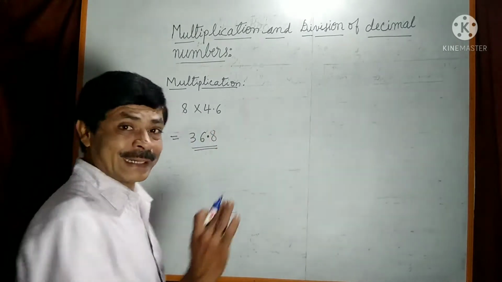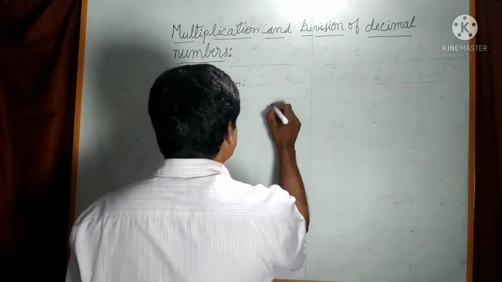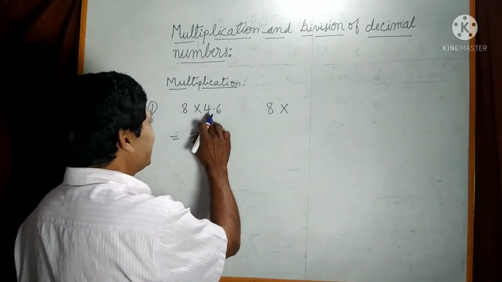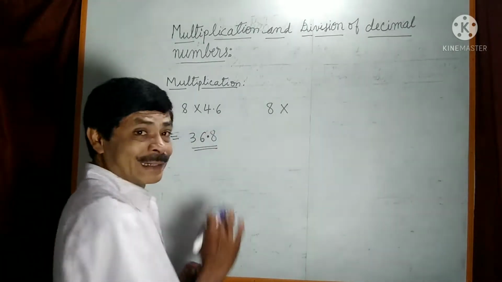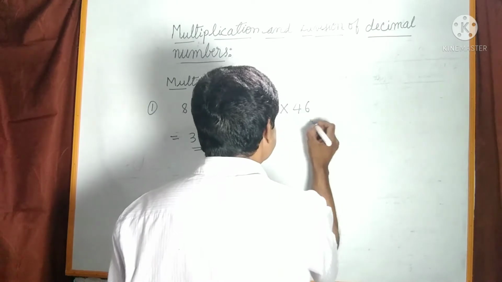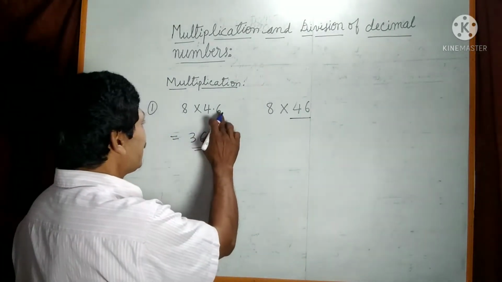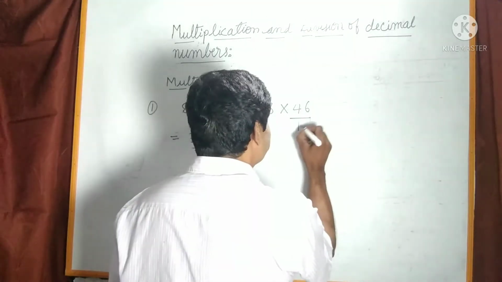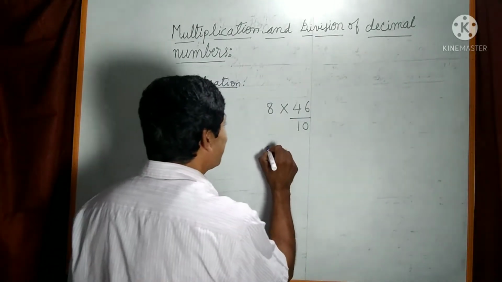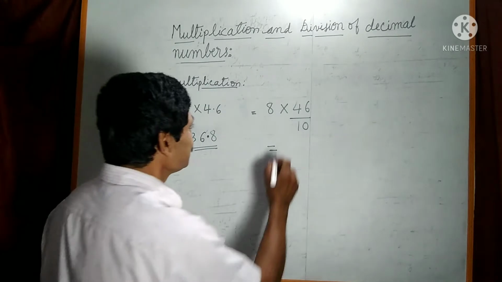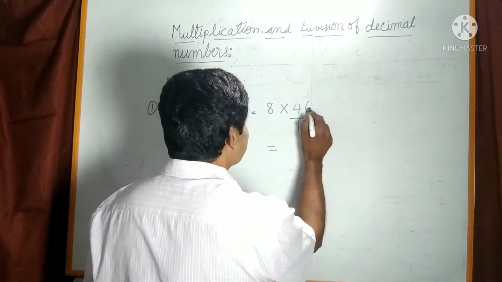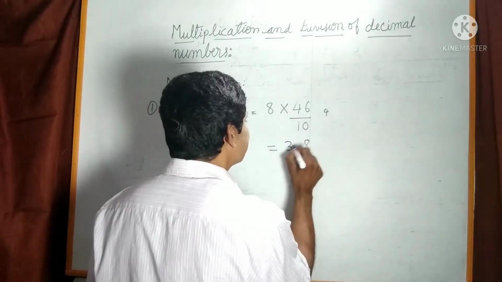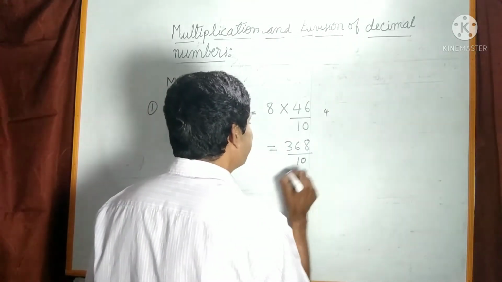First we have to convert these into fractions. 8 into 46, after removing the decimal point, divided by 10, because one digit in the decimal part means we have to put 1 zero. This is equal to 8 into 46: 8 6s are 48, carry 4, 8 4s are 32 plus 4, 36, by 10.